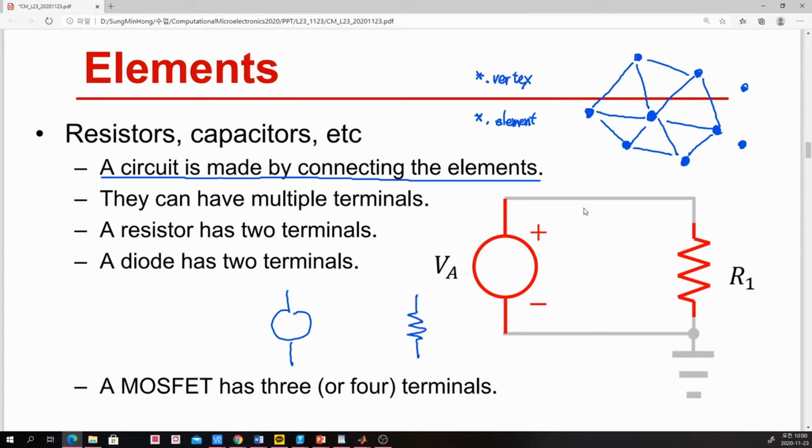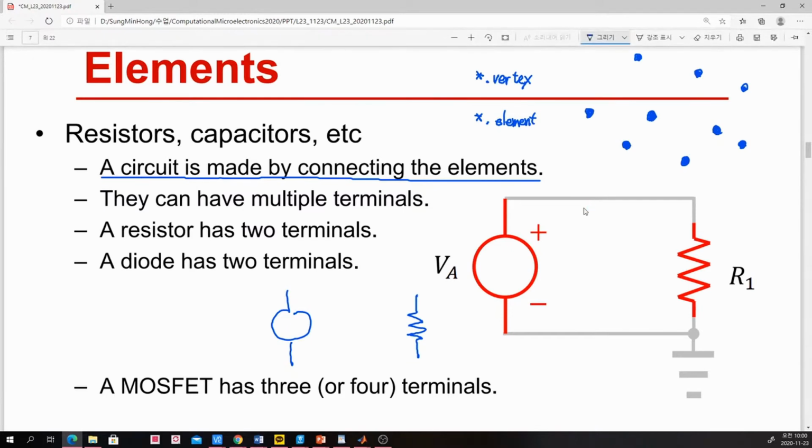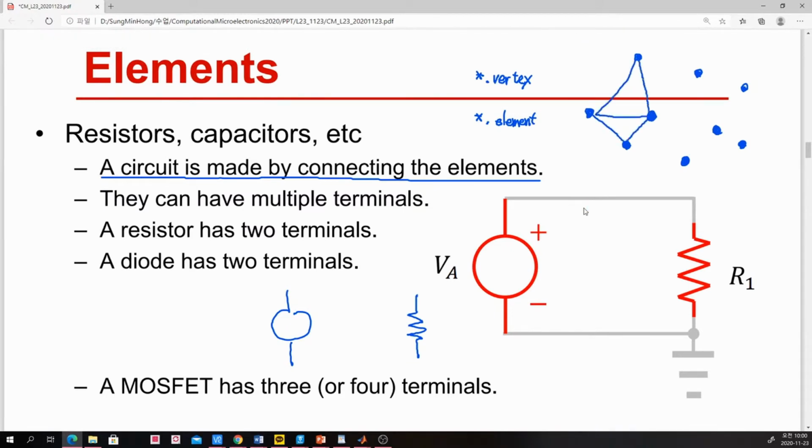It does not give you a circuit. Simply speaking, it's just like a situation like this. Only when you connect them will you have a fully valid mesh.